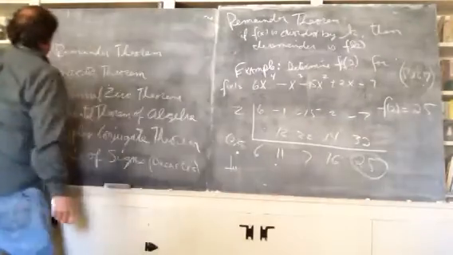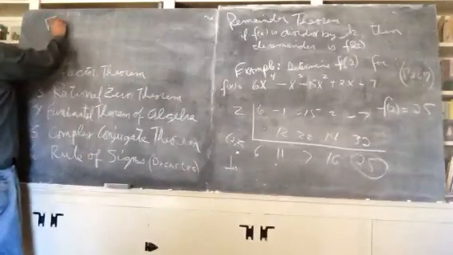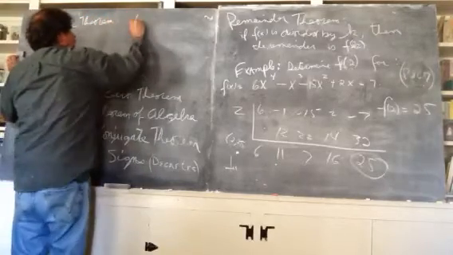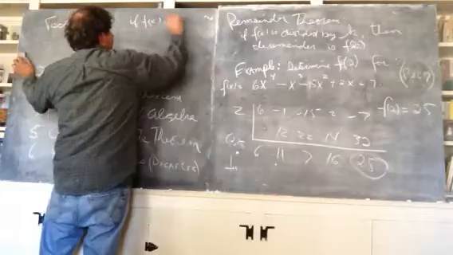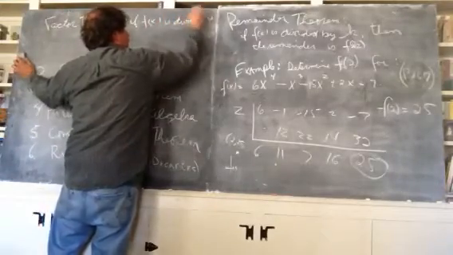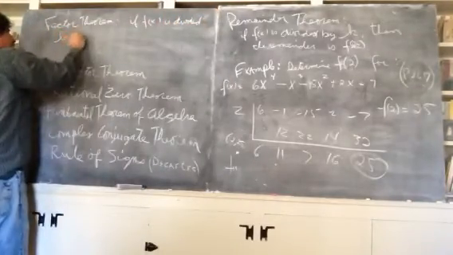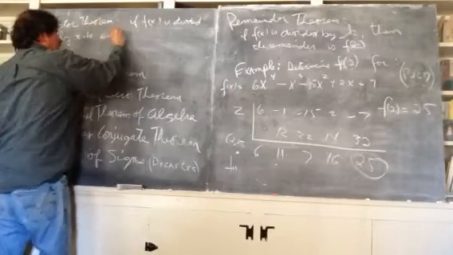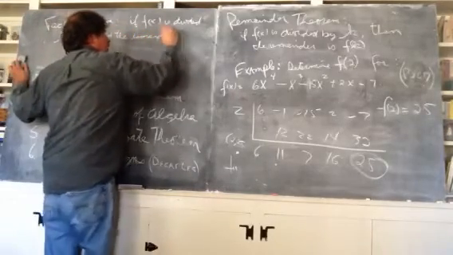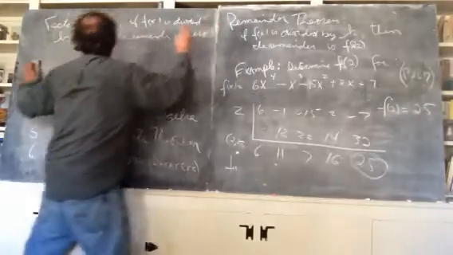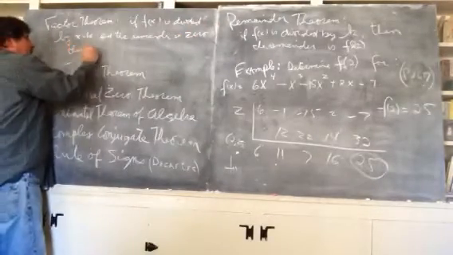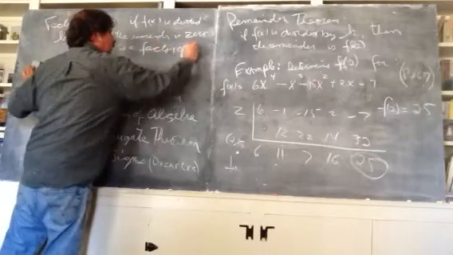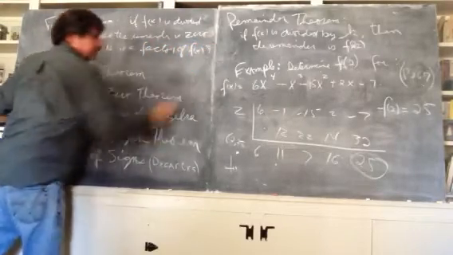Factor theorem: if f of x is divided by x minus k, and the remainder is 0, then x minus k is a factor of f of x. Which is nice because if you have a factor, then you break it down.